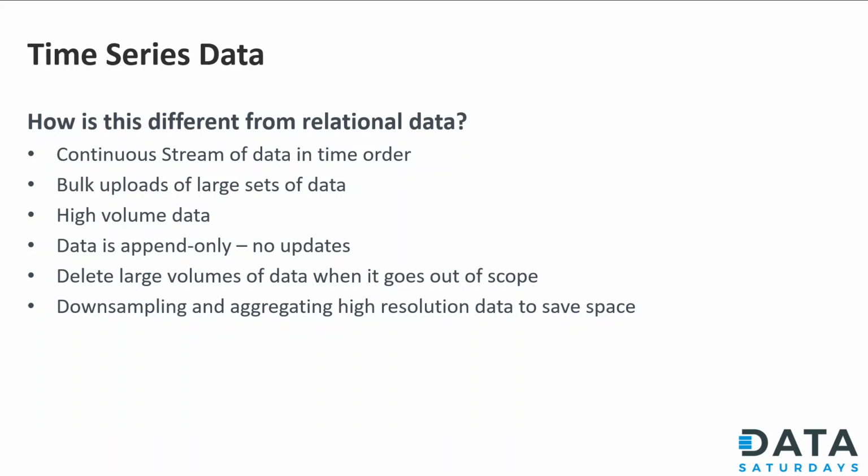When we're dealing with the normal data in relational databases, we're used to having entities, and entities are related to other entities. So we have foreign keys and all that kind of stuff. That doesn't apply at all to time series data. What we have is metrics observed at a particular instant in time, and this comes with some features.